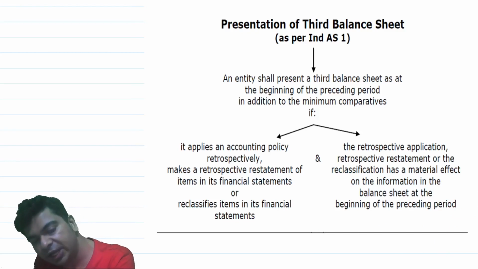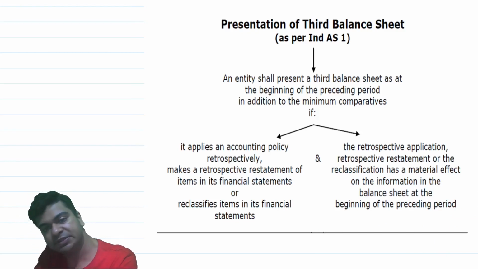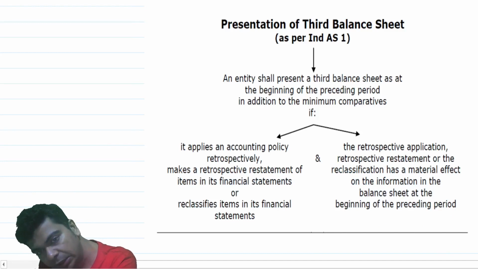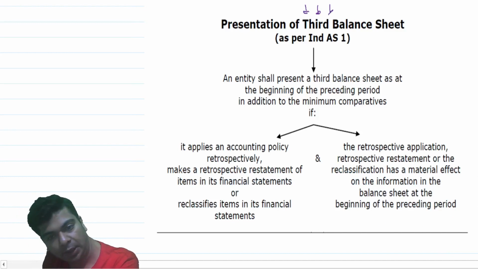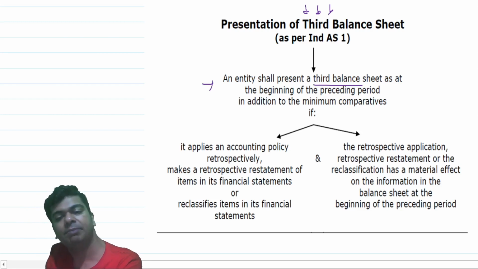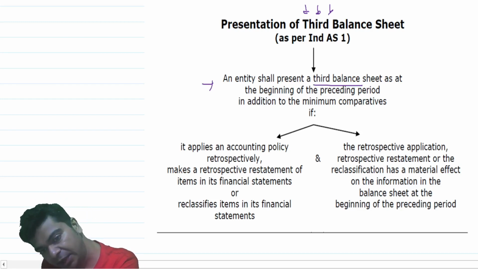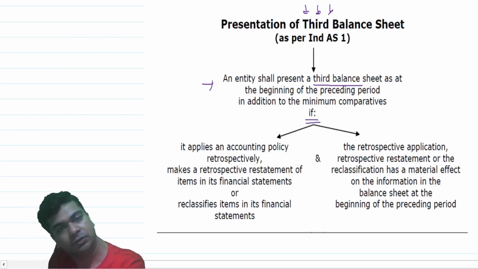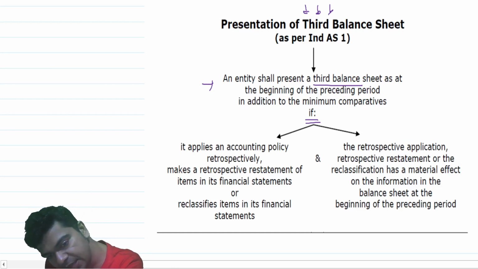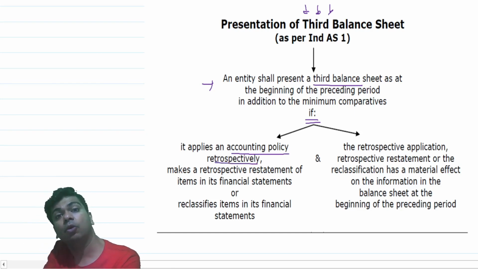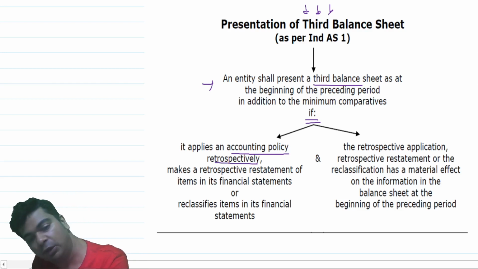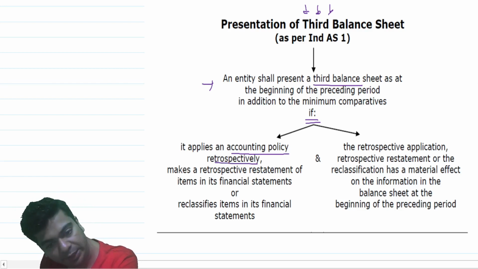I will draw your attention to the requirement of Ind AS 1. This is the presentation of the third balance sheet. An entity shall present a third balance sheet as at the beginning of the preceding period in addition to the minimum comparatives if it applies an accounting policy retrospectively, makes a retrospective restatement of items in its financial statements, or reclassifies items in its financial statements.